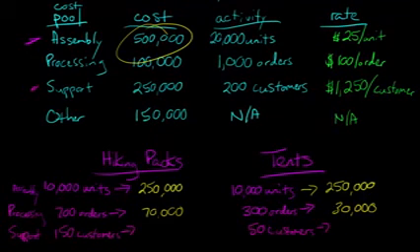Now we can look at the cost, and it's $1,250 a customer. That's our rate. So 1,250 times 150 is going to give us 187,500. And now 1,250 times 50 customers is going to give us 62,500.